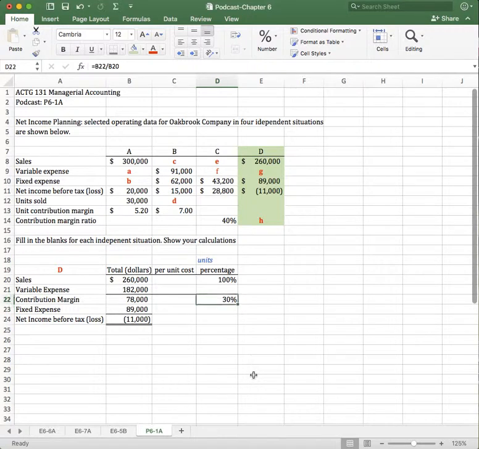So my mistake earlier, the correct solution is variable expense 182,000 and the contribution margin ratio is right here at 30%. Variable expense is 70%, but it wasn't asked for.